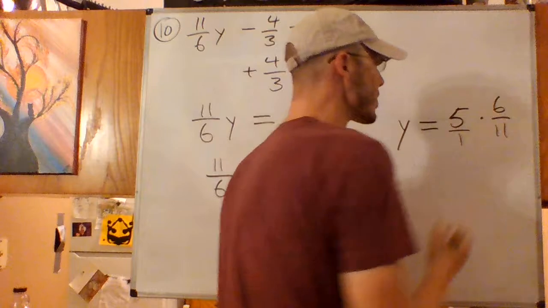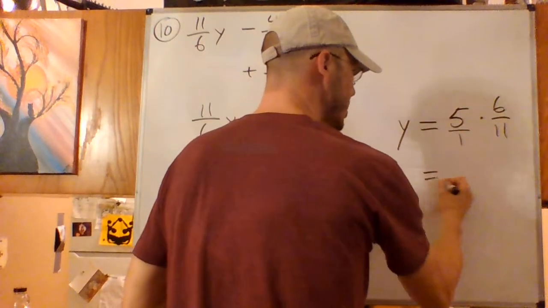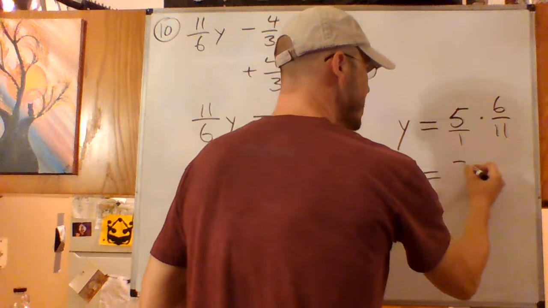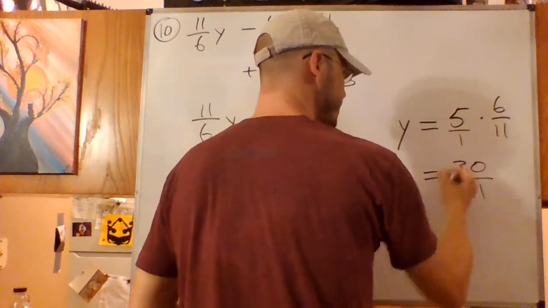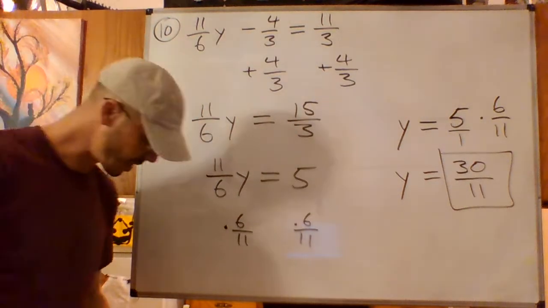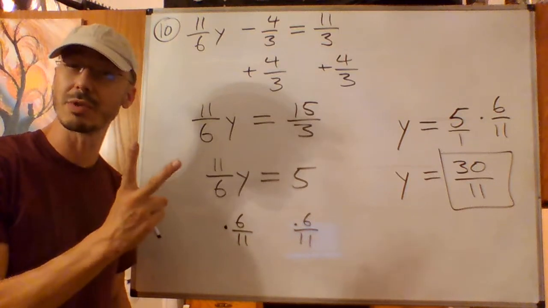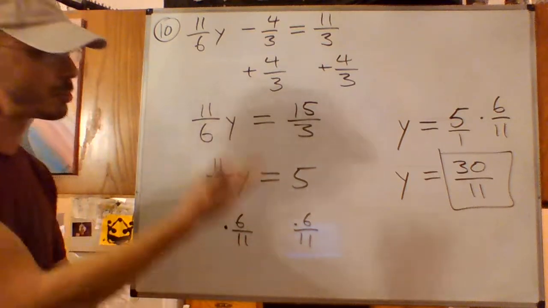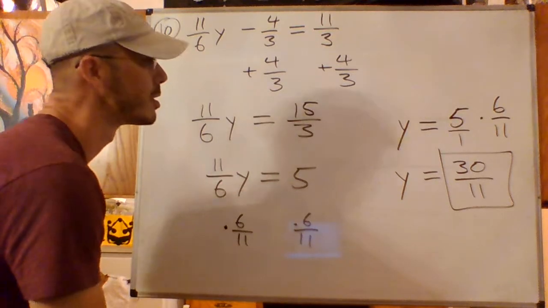What I can do is think of this as 5/1, and just multiply the fractions to get 5 times 6 is 30, 1 times 11 is 11. And that's the answer, 30/11ths. If you put it in as a decimal, I believe you have to round to 2 decimal places in Hawks, but 2, 3 decimals, that's usually plenty.